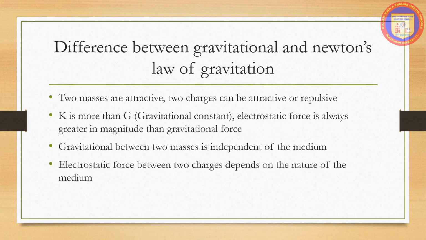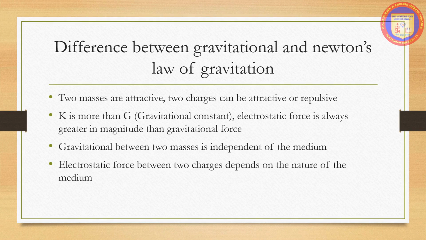The value of the constant K in Coulomb's law is 9 into 10 power 9 Newton meter square Coulomb power minus 2. Since K is much greater than G, the electrostatic force is always greater in magnitude than the gravitational force for smaller size objects.